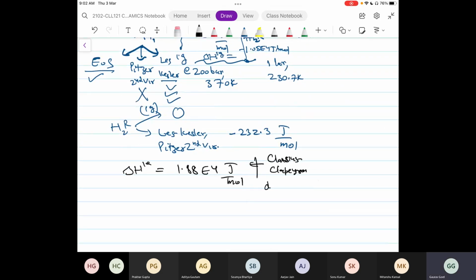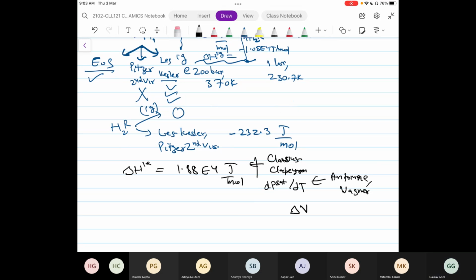So if you have to use Clausius-Clapeyron, you need the slope of the vaporization curve. This can come from the relationships available for Psat as a function of temperature. Antoine and the Wagner equations are the two most commonly used equations.